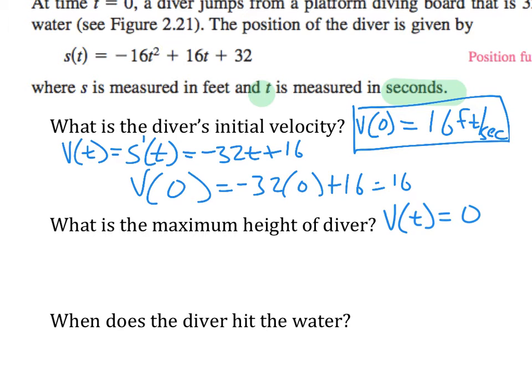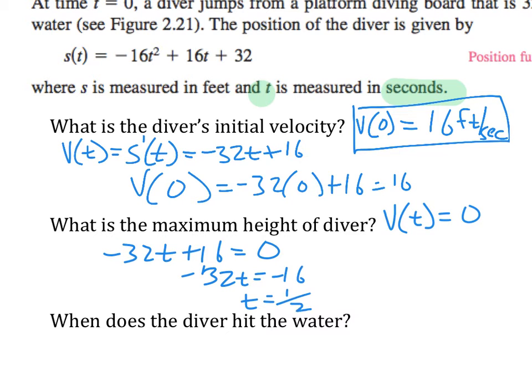So our velocity was negative 32t plus 16, and we want that to be equal to 0. So we got negative 32t equals negative 16. So t equals, divide by negative 32 on both sides, and we get a half. So t is 1/2 second. So at 1/2 second, velocity will be 0.